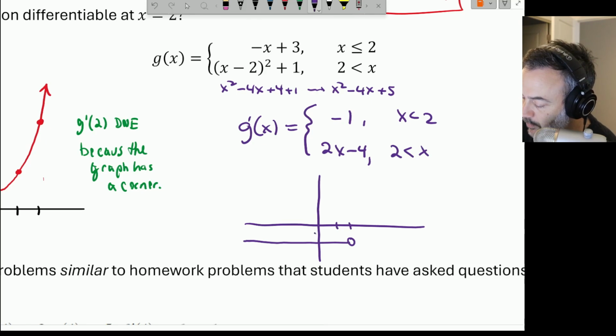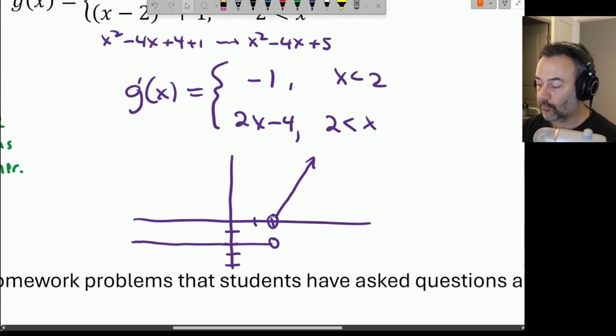So then I've got what? The -1, -2, -3, -4. And the right piece would start here and have a slope of 2. So I'd go right 1 up 2, right 1 up 2. But I'm only graphing this for x greater than 2, so the derivative would look like this.